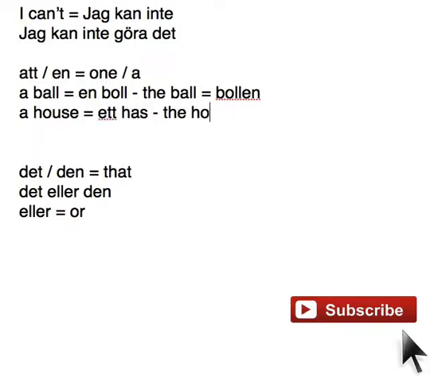The house is huset. So basically we take the et and put it at the end. We take the n, put it at the end. So a ball, the ball. And a house, the house, huset. A ball, the ball. En boll, bollen.